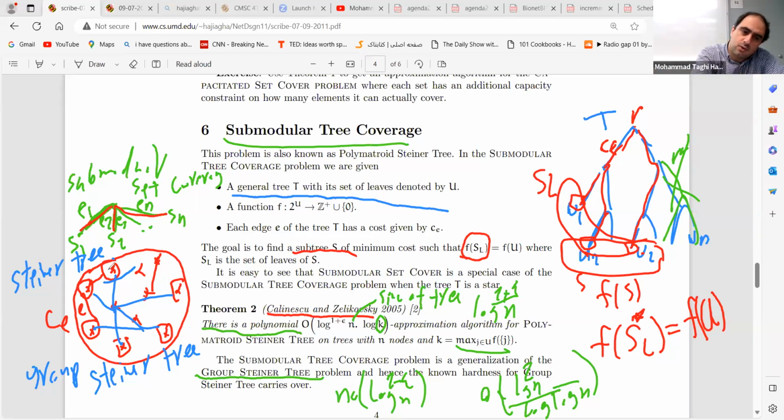So this is not one node anymore. Instead of one node, you may have a subset. So we don't want to connect just a single terminal; instead of one terminal, we have a terminal subset.